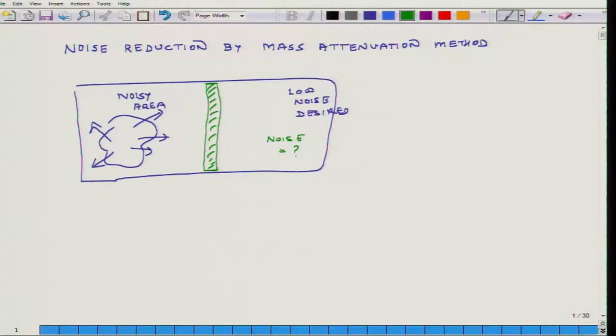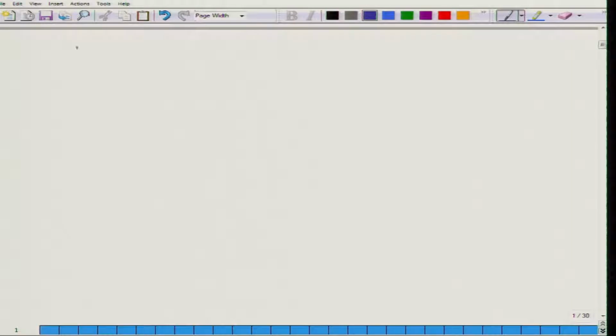Let us first set up the problem. We will discuss the method of mass attenuation. The term attenuation means reduction. So the intent is that by using mass, we want to reduce the spread of noise from a noisy area to an area where we want less noise.